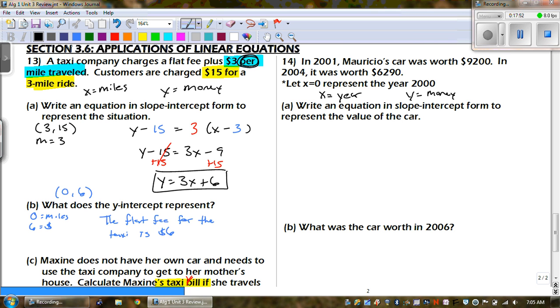They're giving us 2 points. And remember, each sentence is a point. So our first one is point 1, because remember, we just worry about that last number, and 9,200, and then our other point is 4, and then 6,290.